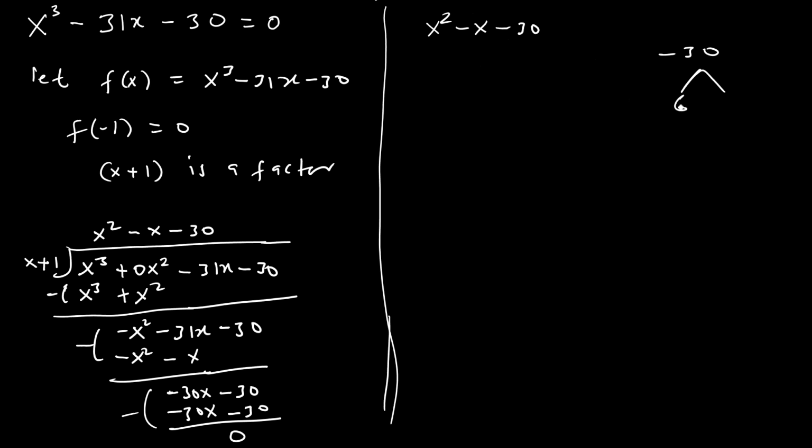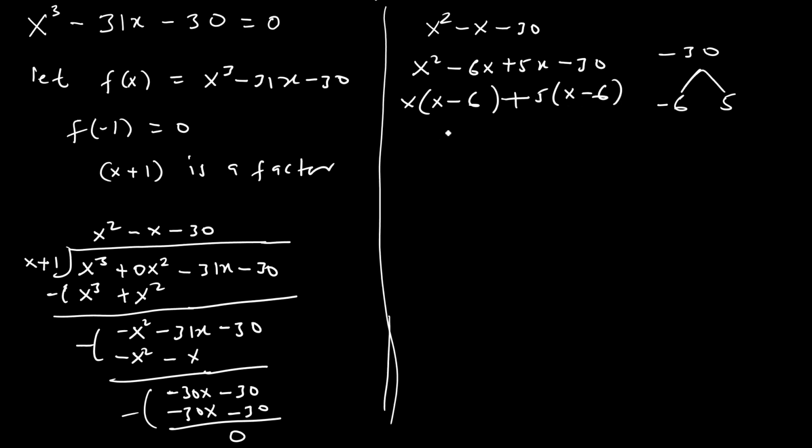So we have 6 and 5, and we negate the 6. So x squared minus 6x plus 5x minus 30. x out, x minus 6, plus 5 out, x minus 6. So x minus 6, x plus 5. Okay, so we have these factors here.